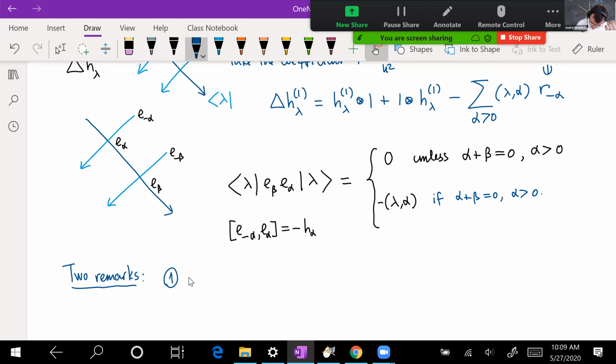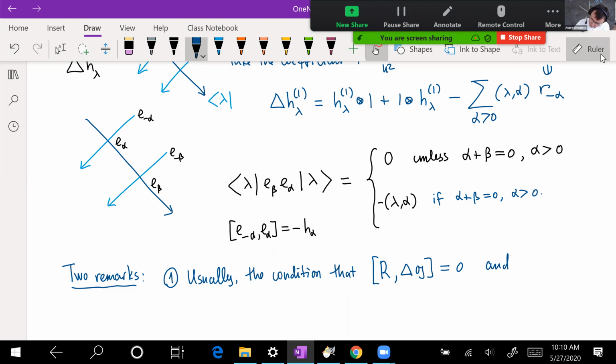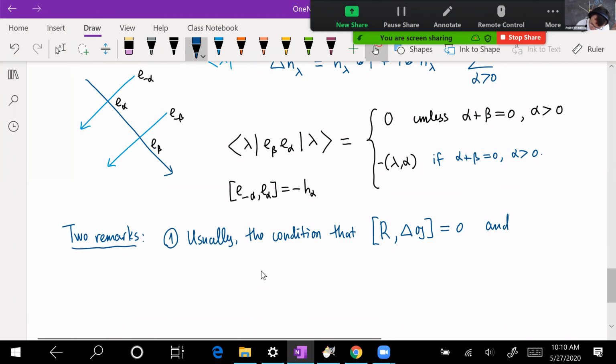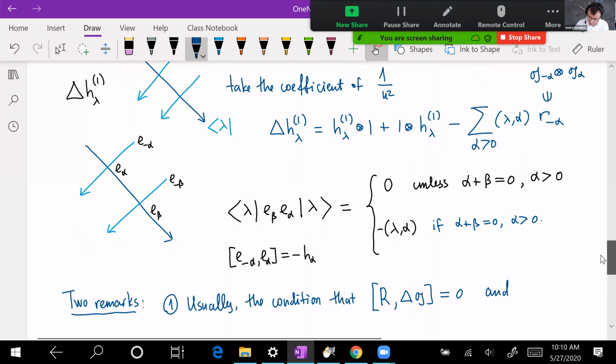Number 1 is the condition that the R matrix commutes with the coproduct of my Lie algebra G is 0, which was a trivial thing we derived.